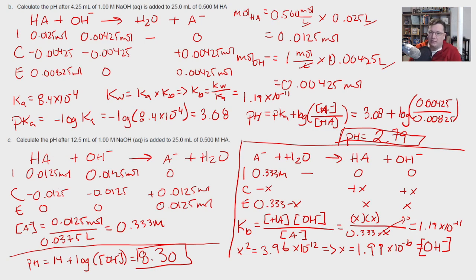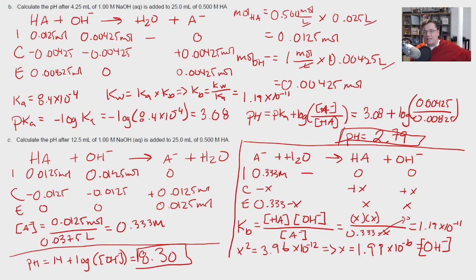Sometimes you can't, because there's always that 5% rule you have to pay attention to. Then when you're at the equivalence point, you see that flip for just a moment, where the conjugate base is the dominant species, and so you have to go through a different approach for calculating the pH.